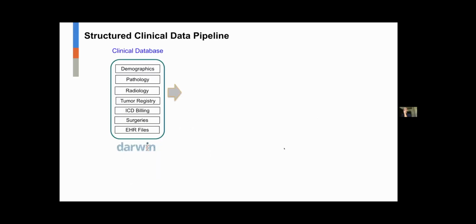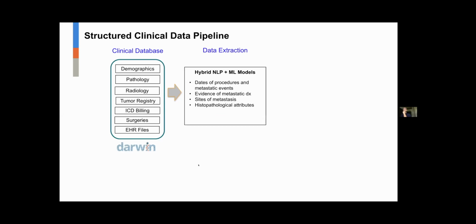But if you look into the clinical data, and let's say you do some chart review from all of these different sources, you can get that information. Or you can go through a more quantitative approach and do data extraction.